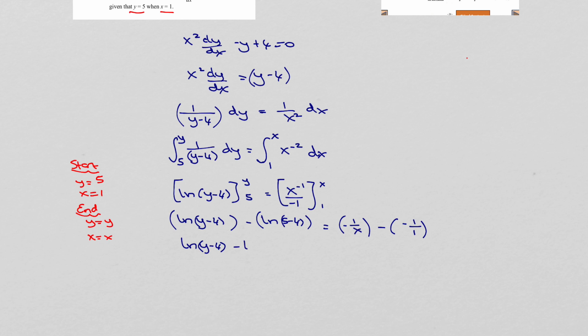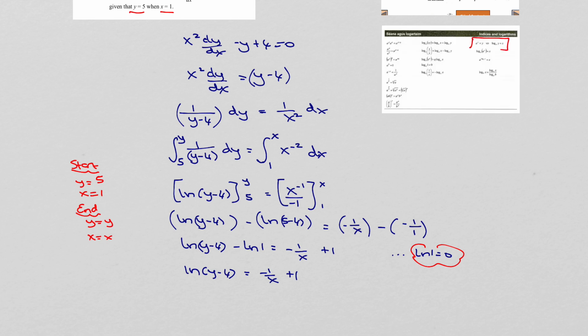But natural log of 1 we know is 0. So therefore the left hand side, natural log of y minus 4, is equal to minus 1 over x plus 1. And now I just need to change from log form back into exponential form.